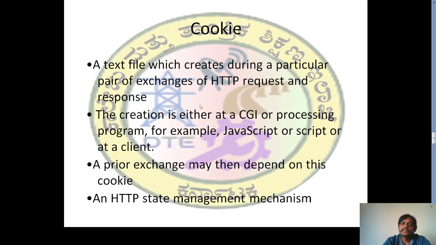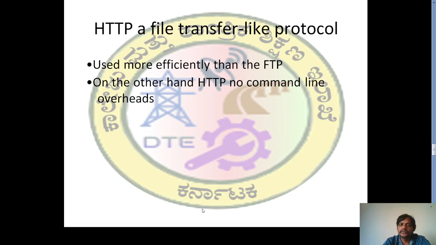The creation is either at a CGI or processing program, example programs are JavaScript or script, or at a client. A prior exchange may then depend on this cookie information in the text file. An HTTP state management mechanism we are going to use.